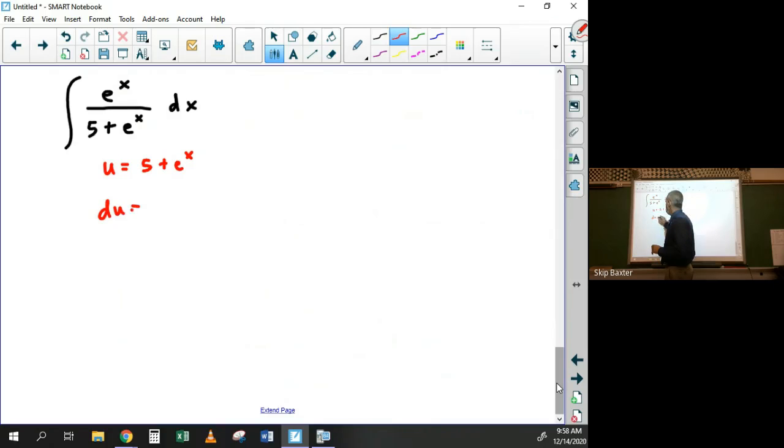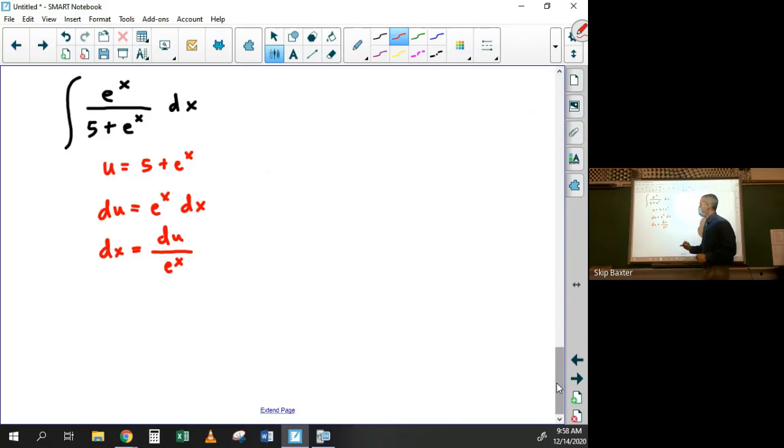So du is e to the x dx. dx is du over e to the x. So the substitution would be e to the x over u times du over e to the x. And those cancel.